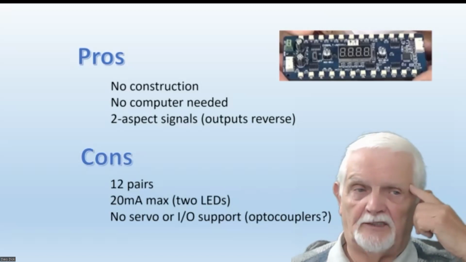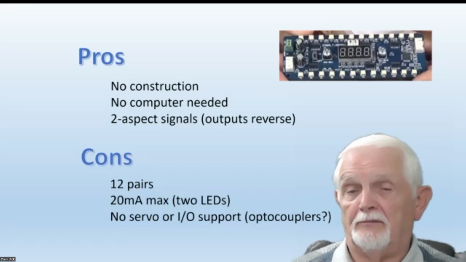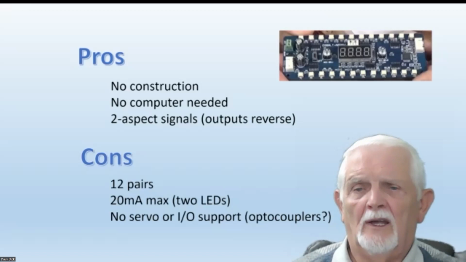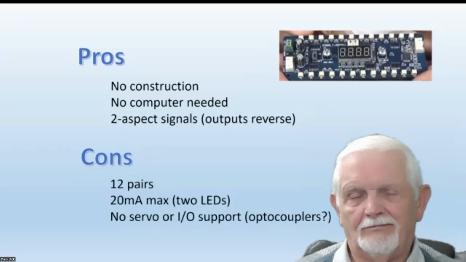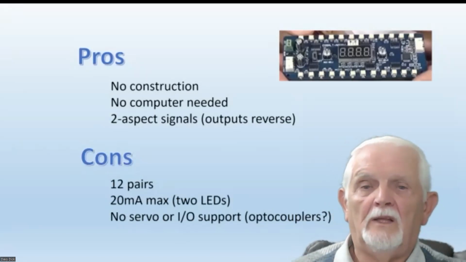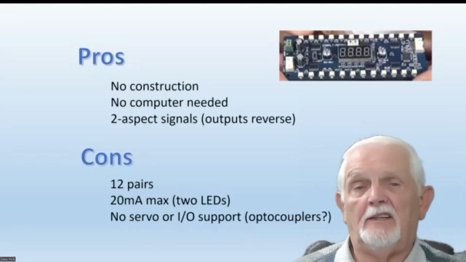So right away that says, oh, what if I want to light up an entire station or an entire street of lights or a big factory and so on? I've only got 2 LEDs in any one output. So that's right, without additional circuitry. The other downside is it doesn't handle servos, only LEDs.